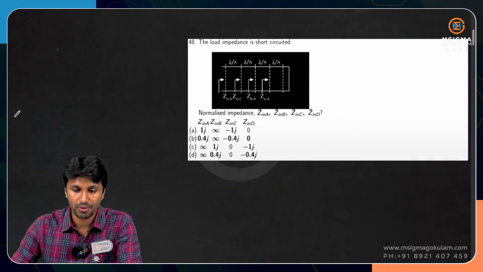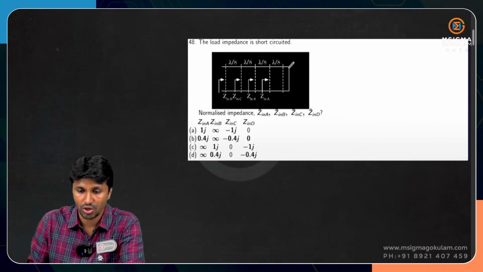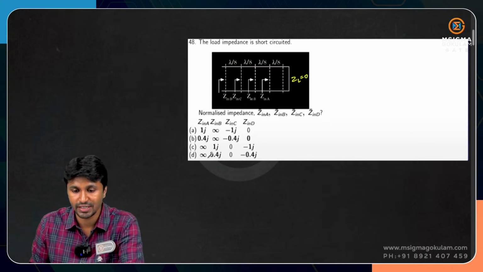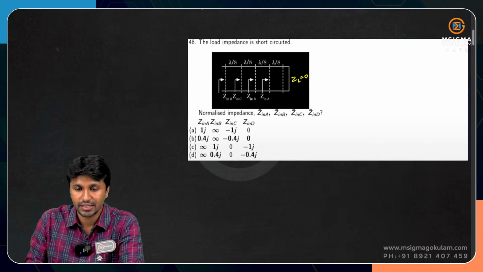Look at the next problem. The load impedance is short circuited, ZL is equal to 0. He is asking you to calculate the normalized impedance at lambda by 8.